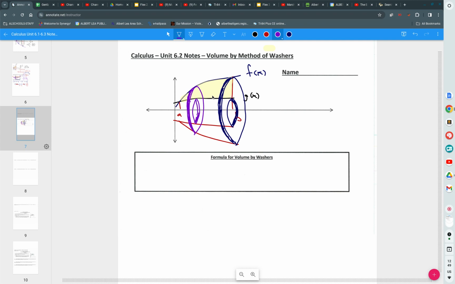Okay, so the chalice would be kind of like the entire shape, except it has a solid bottom. But if you look at just the piece that we're slicing, Aaron says it looks like a washer, and that's correct. That's one of the common methods that gets used for finding volume when you have a space that's subtracted from the middle. We call it the washer method. And so you can see the shape that develops there.